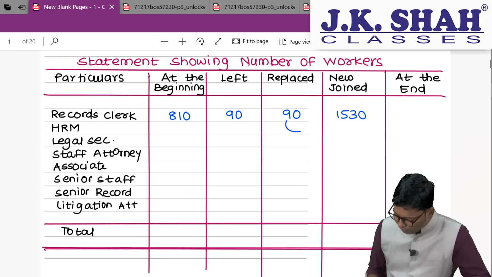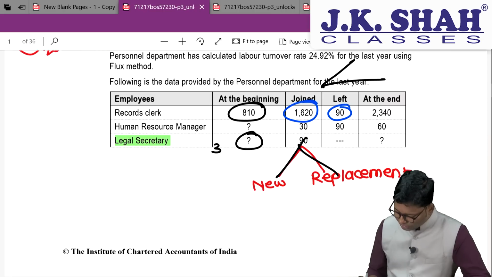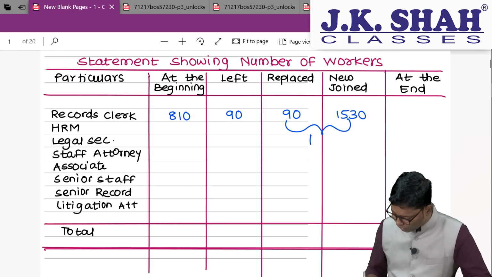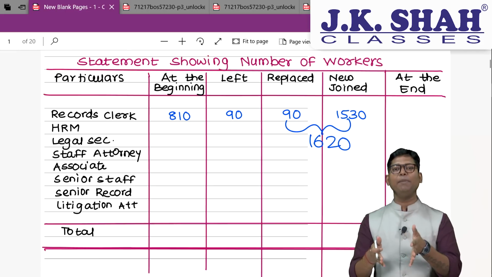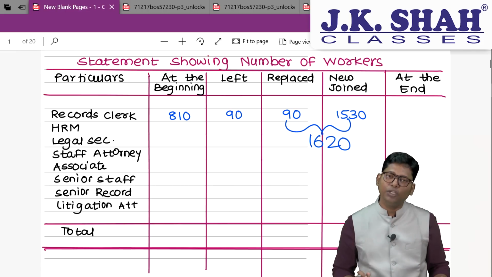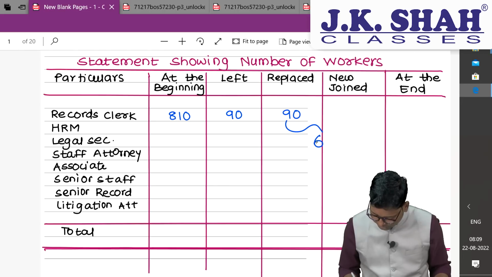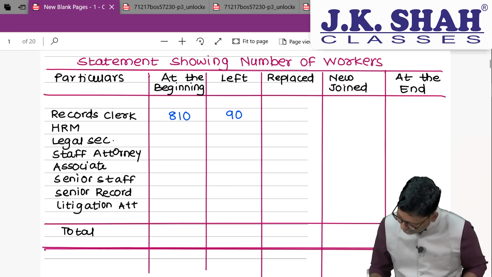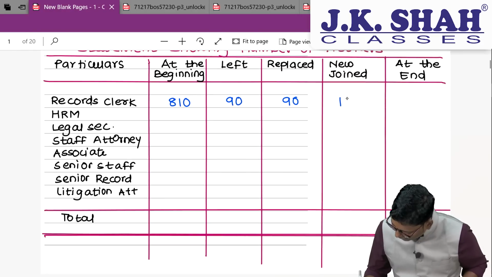Sir, how you computed this 90 and 1530? Total was given in the question. Total was 1620. Out of 1620, 90 left, so 90 got replaced and remaining joined as new recruits. Correct? Now, when you take total of all these calculations, sir, how to take total? Simply, we have bifurcated this data and we have recorded the numbers.